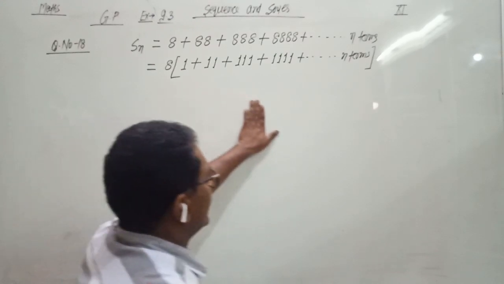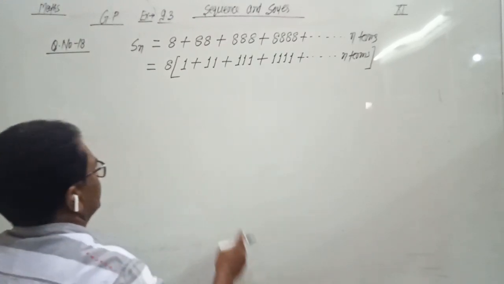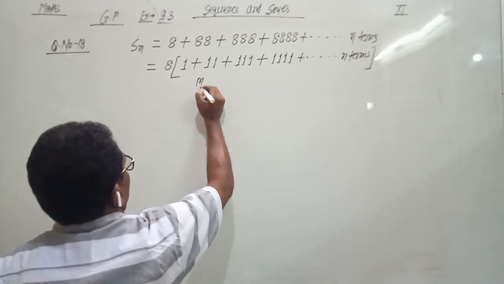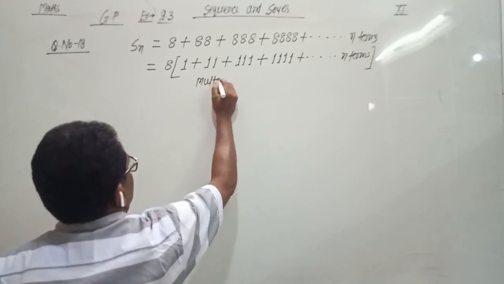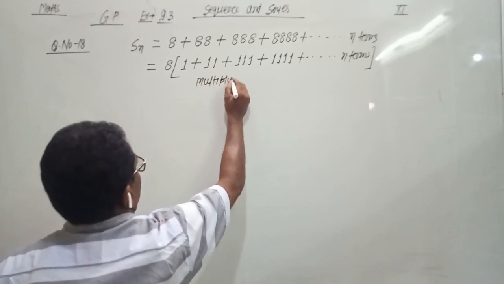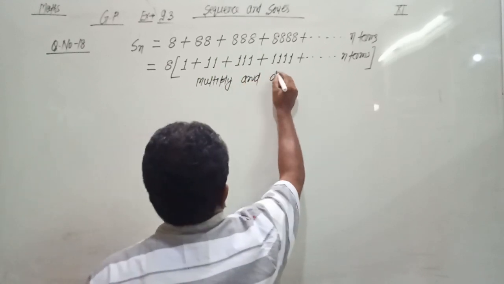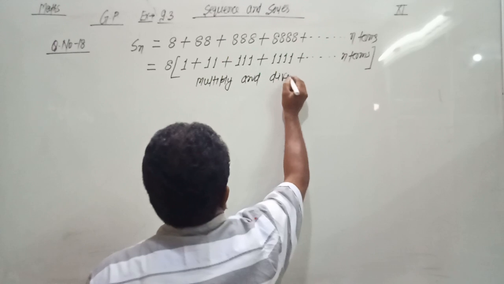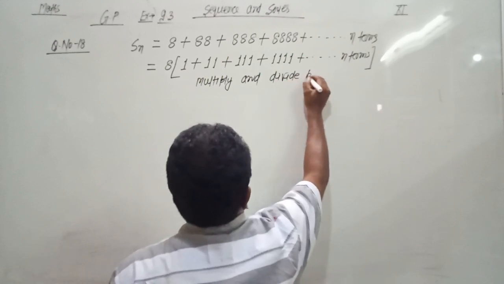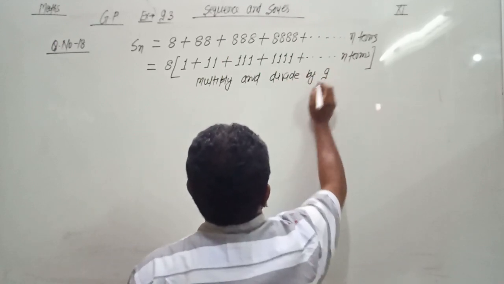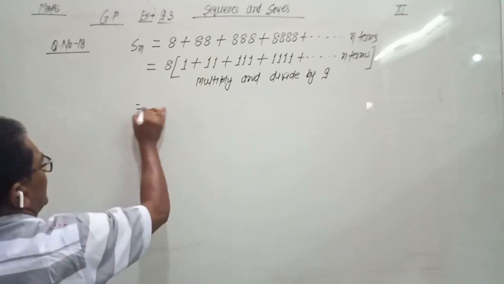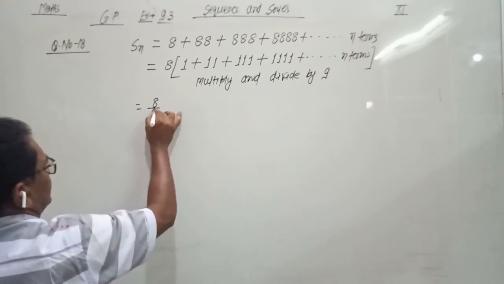Now multiply and divide by 9. So this becomes 8 by 9.